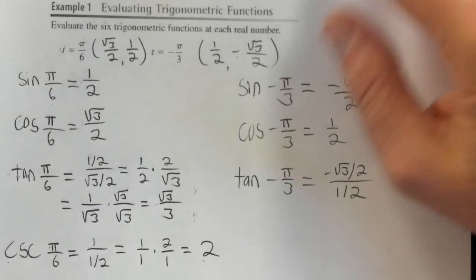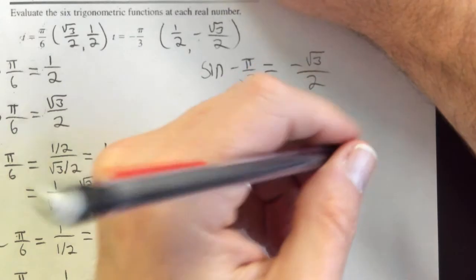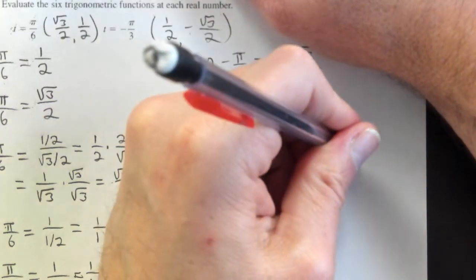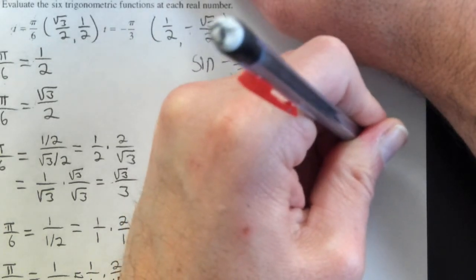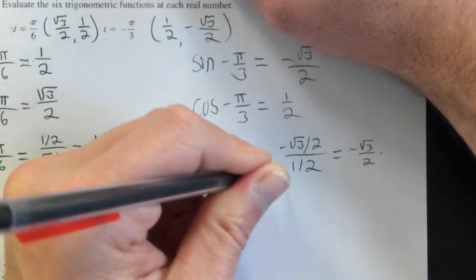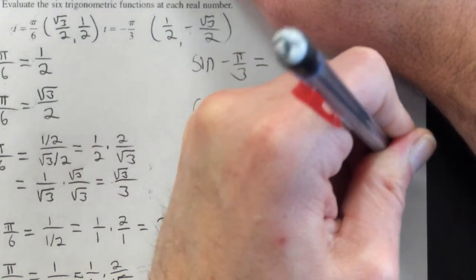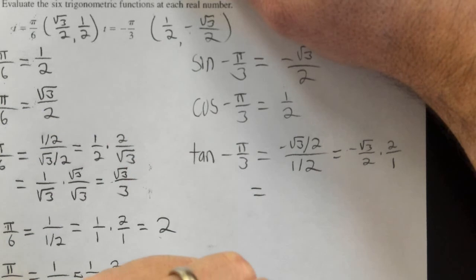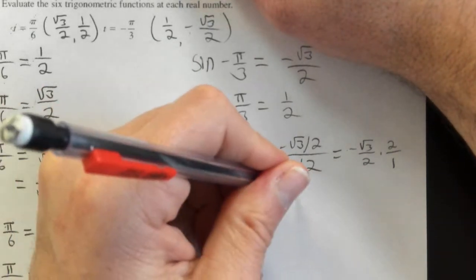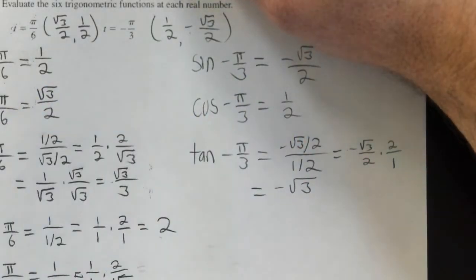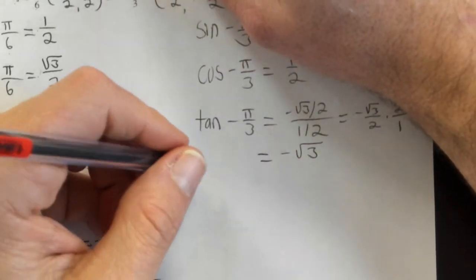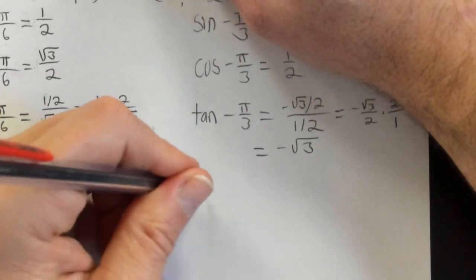And so from there, to finish that off, I'll have to multiply by the reciprocal of the denominator, 2 over 1. So when you multiply that out, the 2's will cancel, and that's going to leave me with negative square root of 3 over 1, which is negative square root of 3. That's the tangent. Let's go with the cosecant next.